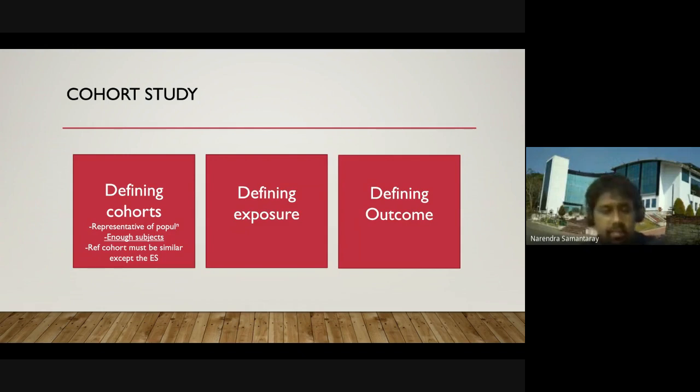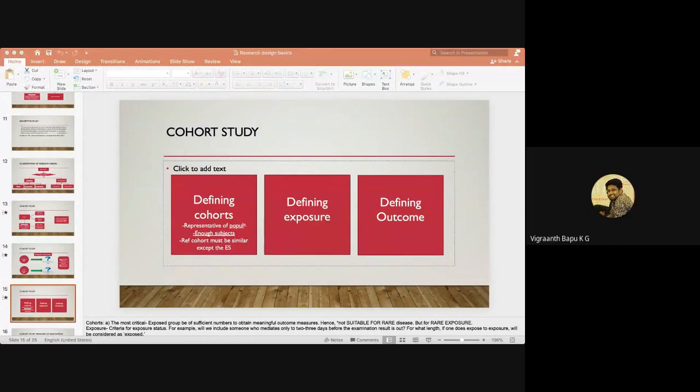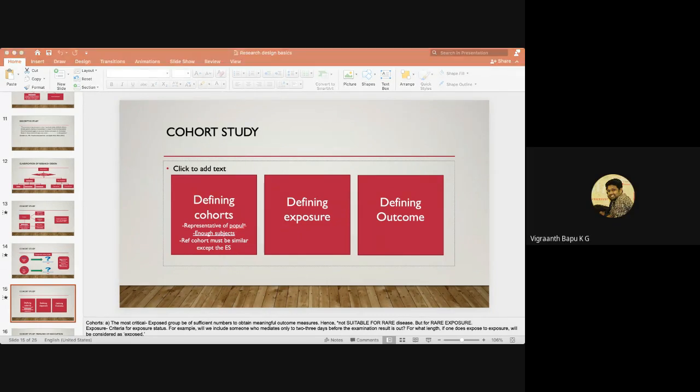Just a minute. Narendra, sir. Yes. Sir, Abhipsha had messaged in the group telling that she is in the waiting room, sir.